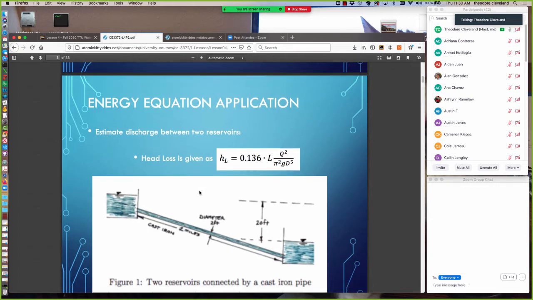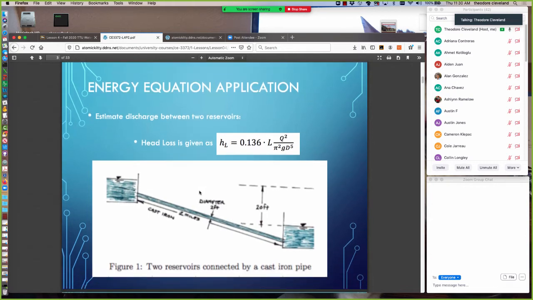And so the question is, can we estimate the discharge between the 2 reservoirs with just the information on the picture? So the answer is probably yes, because otherwise I wouldn't have put it there. We know the head loss is 20 feet from the drawing. So we have 20 feet equals 0.136 times the length. Do we know the length? Yes, it's given as 2 miles. Q squared, we don't know that.